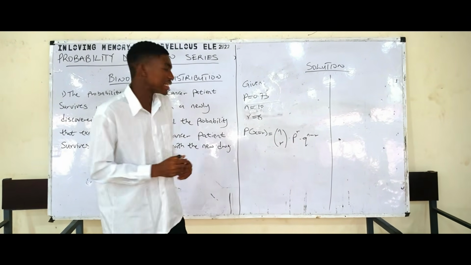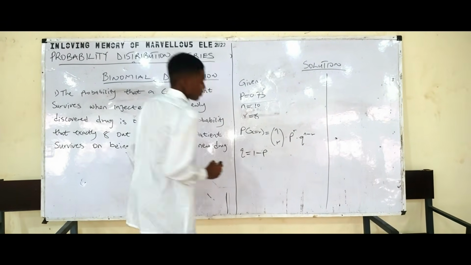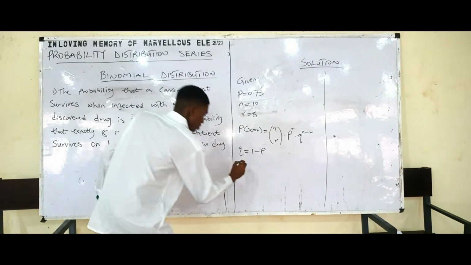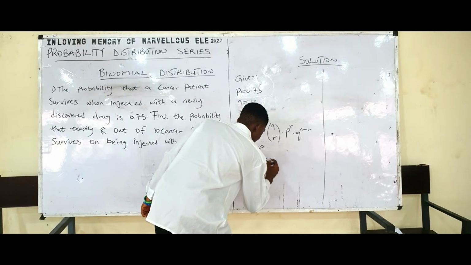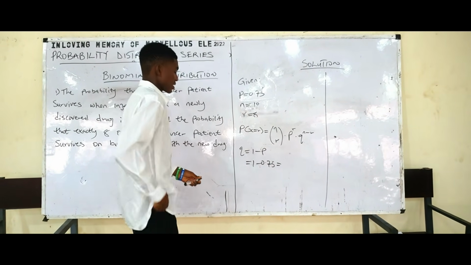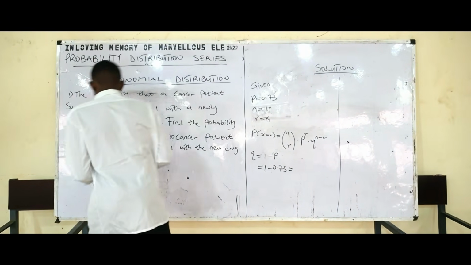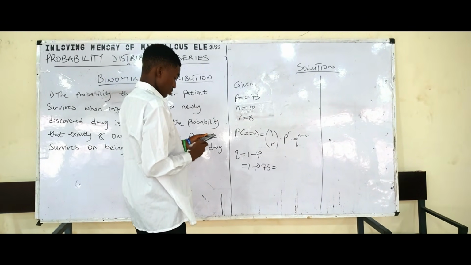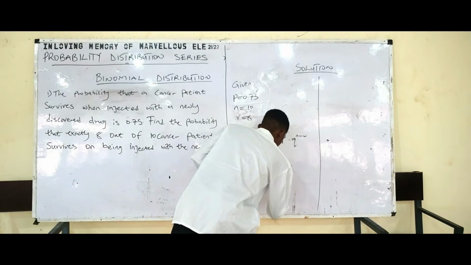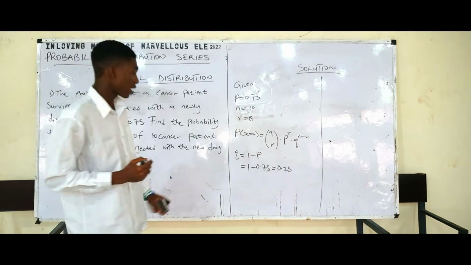But we can find our q because q equals 1 minus p, which is equal to 1 minus 0.75, which gives 0.25.